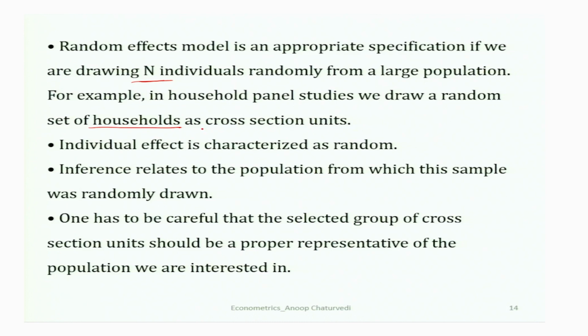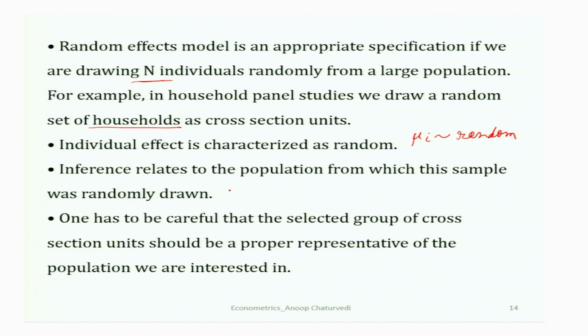Then for this selected set of households, you take time series observations. Then in the random effects model, the individual effect is characterized as random. We assume that mu i's are random variables. Then inference relates to the population from which this sample was randomly drawn.